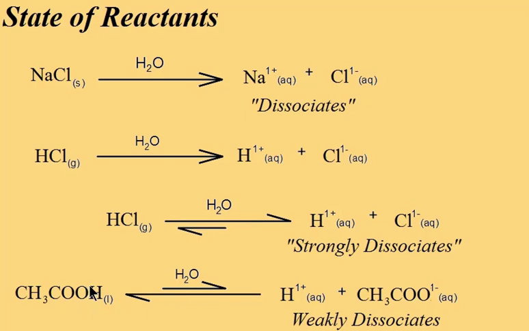We therefore say that acetic acid is weakly dissociated. Any reaction with magnesium or zinc still has to break these bonds, and therefore the energy of activation will still be high.